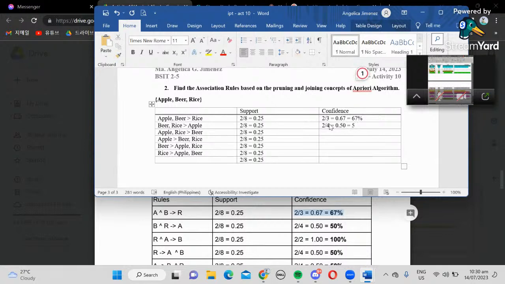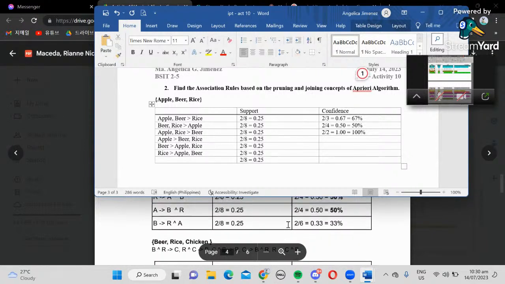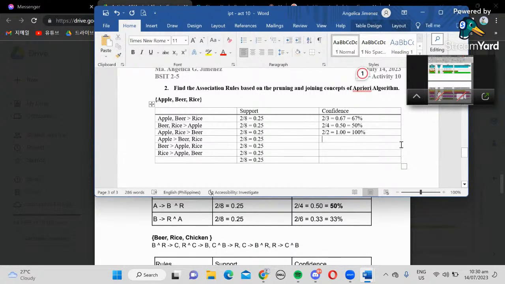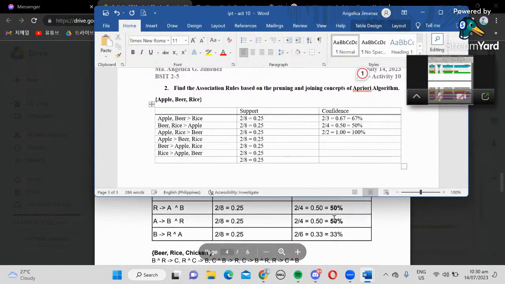I think the last one is Jaren. Tama ba, Jaren? Yes po, ma'am. Okay, Jaren. Sige, go. So, bali po sa akin, ma'am, 1 minus 2 over 8, then over 1 minus 4 over 8, then equals to 1 minus 0.25, then over 1 minus 0.50.